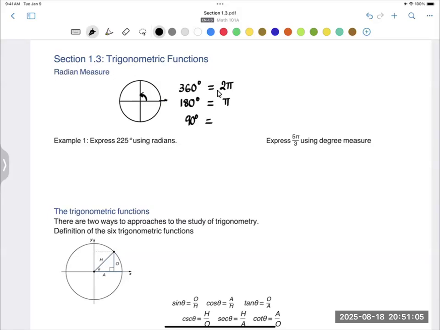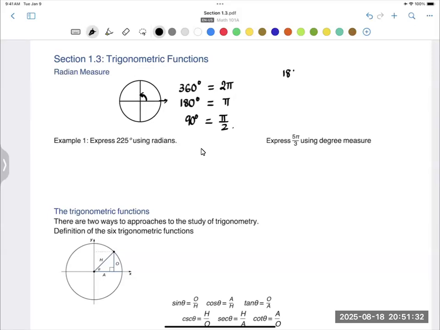From the positive x-axis, that's 90 degrees, which is pi over 2, and so on. If we keep dividing the circle, we get the radian measure equivalent to the degree measure. However, if I want something like 225 or 5 pi over 3, how do we convert back and forth?